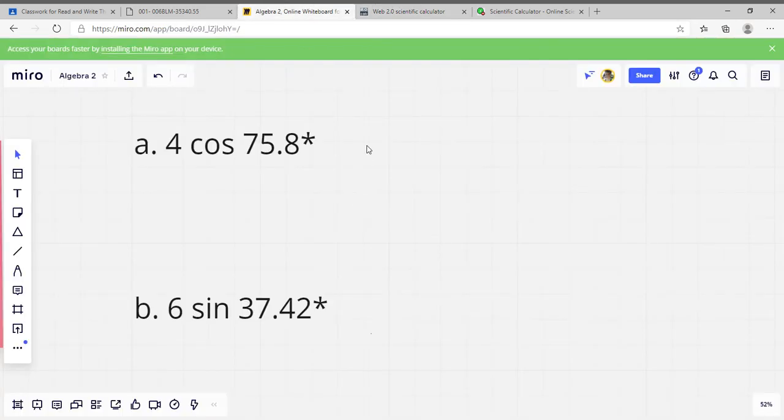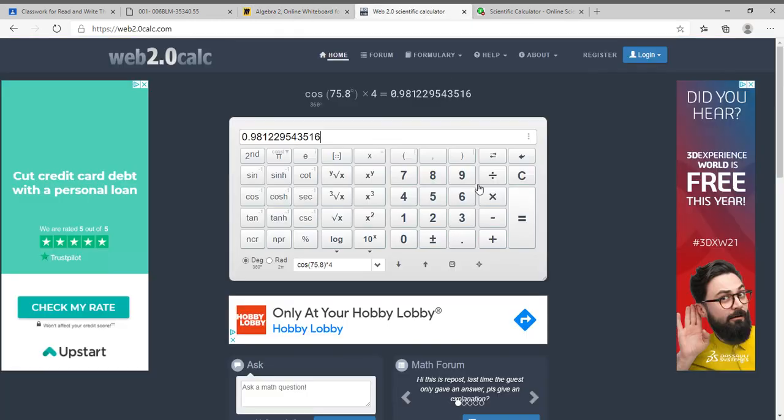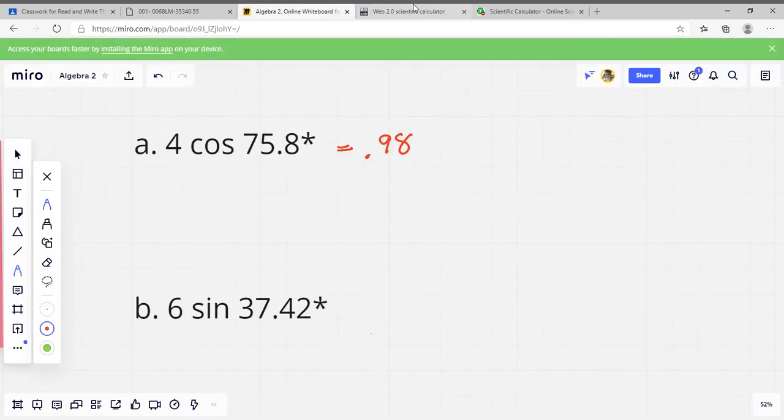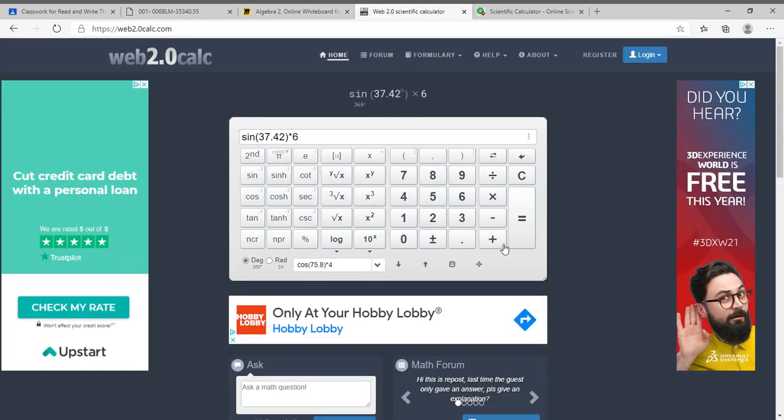So this one is 0.98. I'm going to do the same thing on here. I'm going to do the sine of 37.42. 37.42 sine, and then I'm going to multiply that times 6, and I get 3.65 if I round it up.